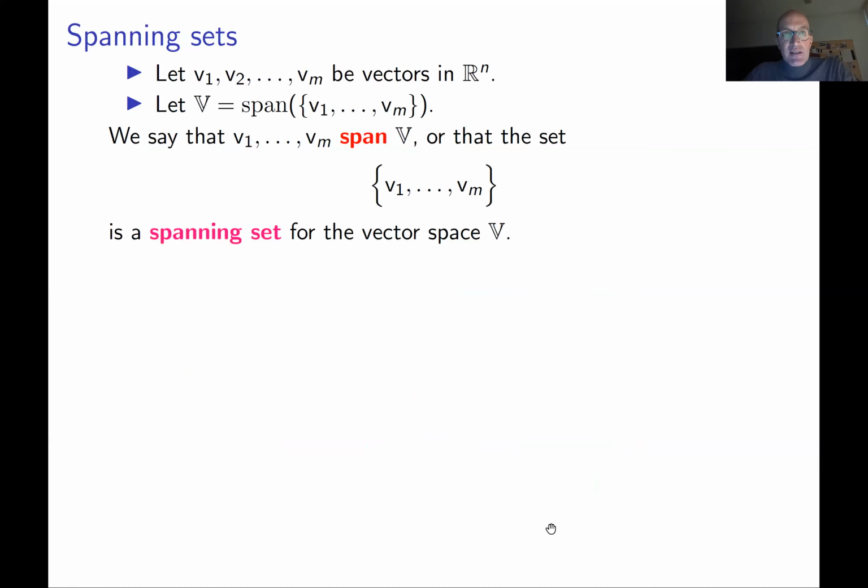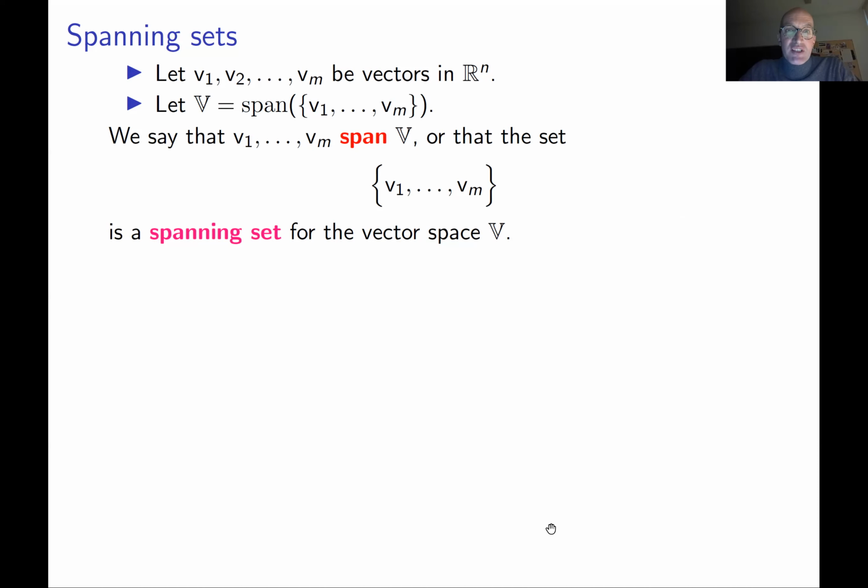Okay, and now we're ready to define what are called spanning sets. If you have m vectors in Rn, and their span is a vector subspace V in Rn, we say that these vectors span V. Basically, it sounds like a tautology, but it's very handy. In this case, we say that this set of vectors is a spanning set for this vector space.